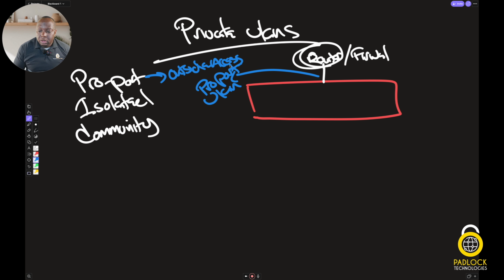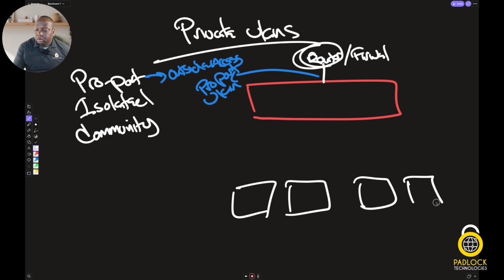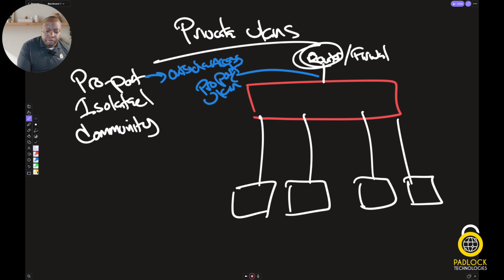Now, the isolated VLAN, let's say you have some workloads down here, and they're all going to the switch. So I'm going to use green for isolated. All right, so isolated VLANs here and here. And then community VLAN is here. All right, these are in the community VLAN.